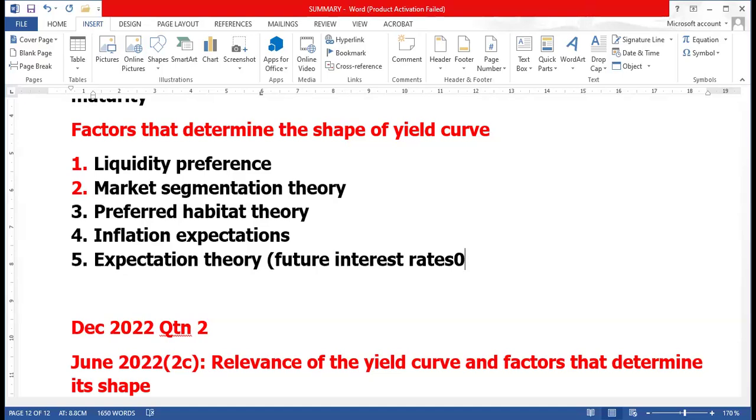According to this theory, the shape of the yield curve reflects market expectations about the future, especially future short-term interest rates.